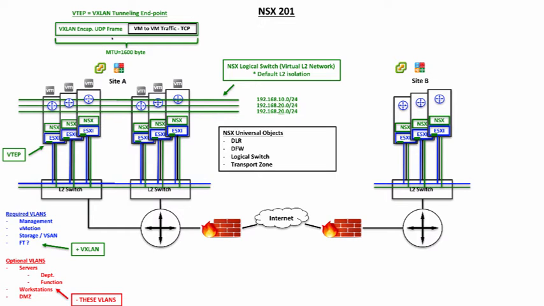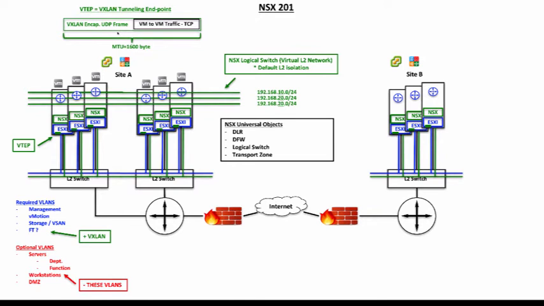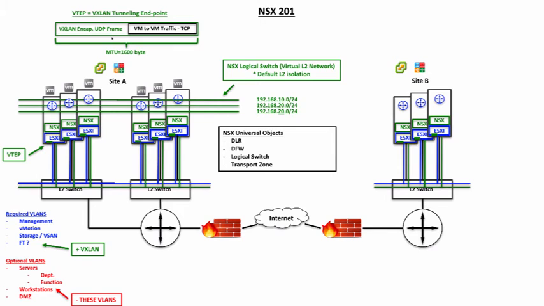One guy is the big chief from the universal object standpoint, but all of them can create their own distributed firewalls, logical switches that are local to that deployment of NSX. So with these new universal objects in place, and configuring NSX appropriately, we're now able to span these layer 2 networks beyond sites, beyond vCenter boundaries, beyond NSX manager boundaries.